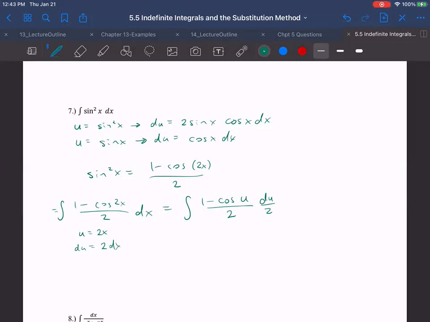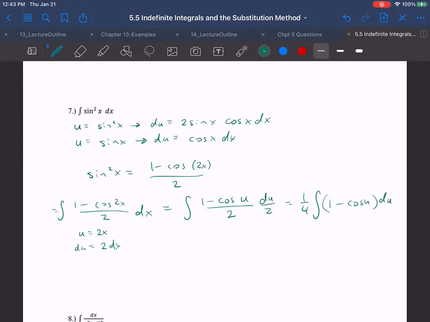So sometimes you've just gotta change it, right? For this one, that's the way you need to go through and do it. I am going to write one more step here. This is 1/4 integral of 1 minus cosine of u du, all right? You should be able to do that integral and then substitute back.